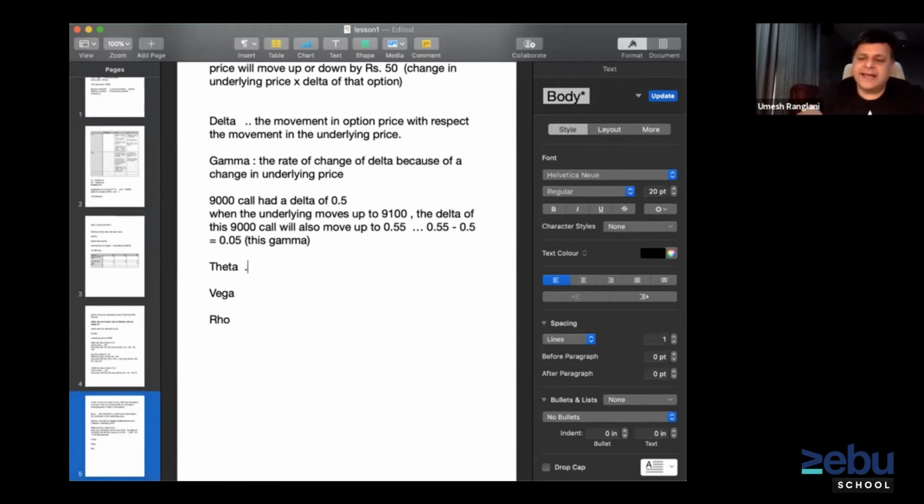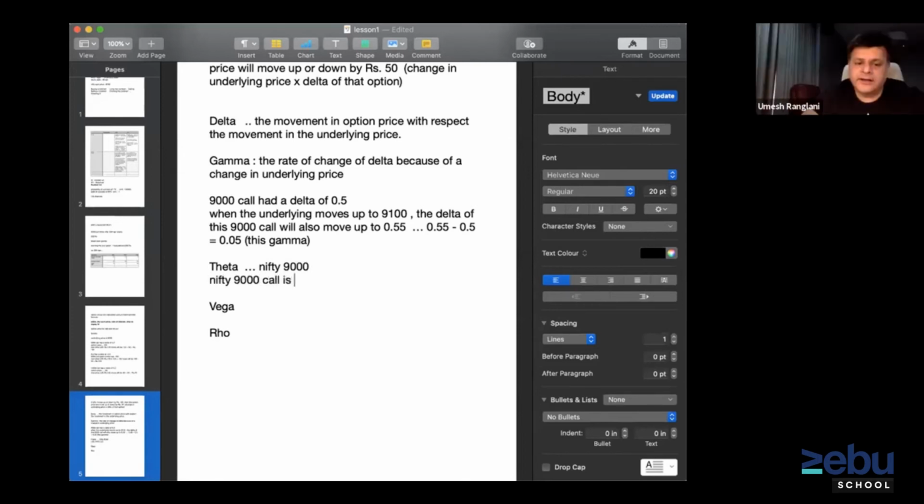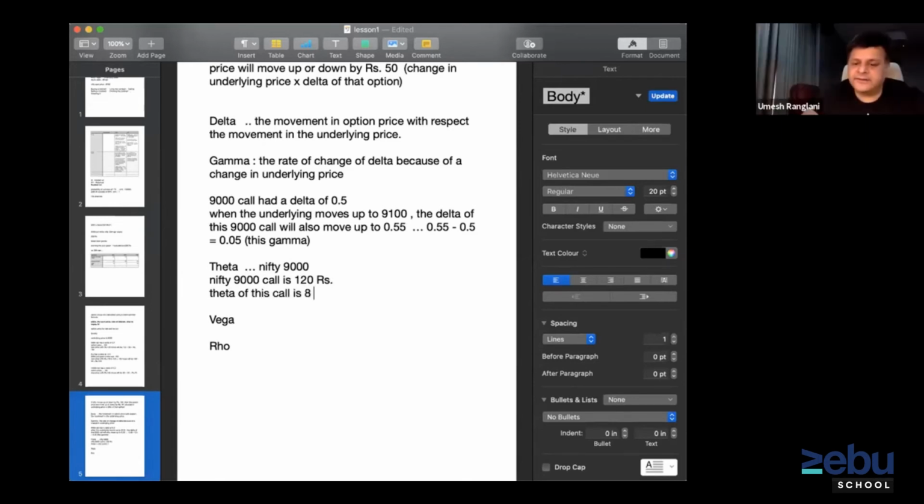So when I say the theta of an option, let's say today Nifty is at 9,000, and like I said, the Nifty 9,000 call is 120 rupees, and the theta of this call is, let's say, 8 rupees.